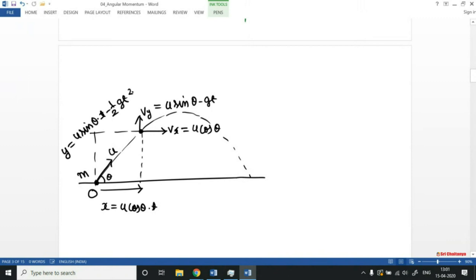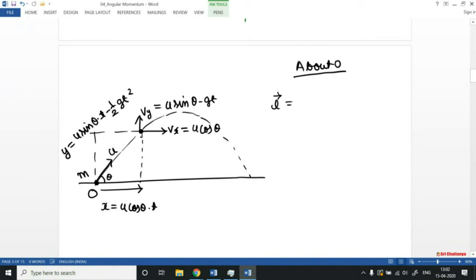So if we are writing the angular momentum about O, it will be due to two components of velocities, Vx and Vy. The angular momentum here will be due to Vy, that would be in anti-clockwise sense.